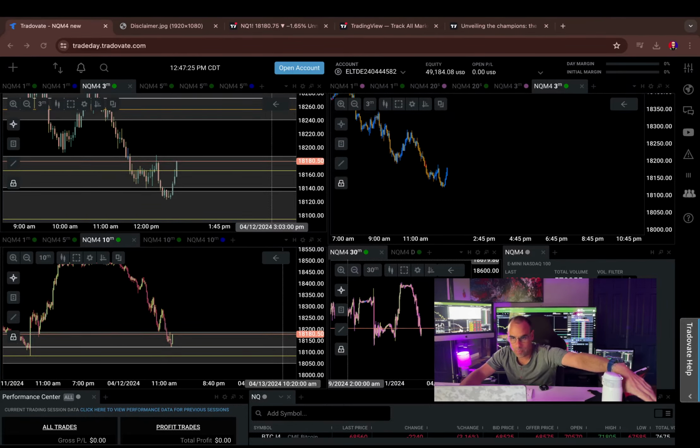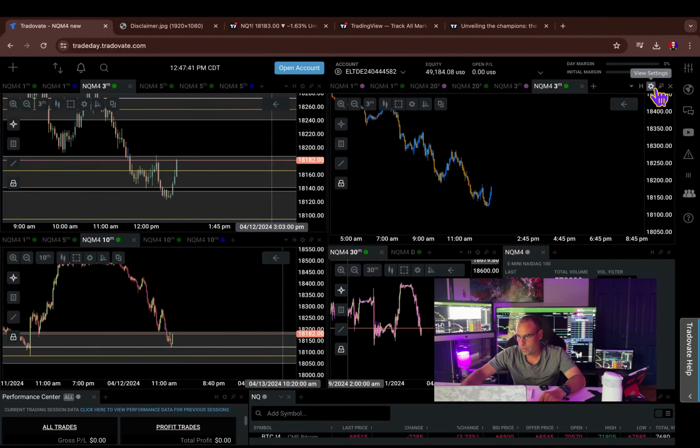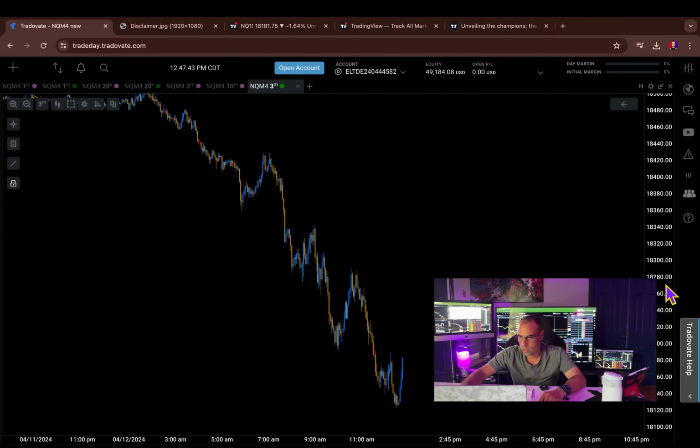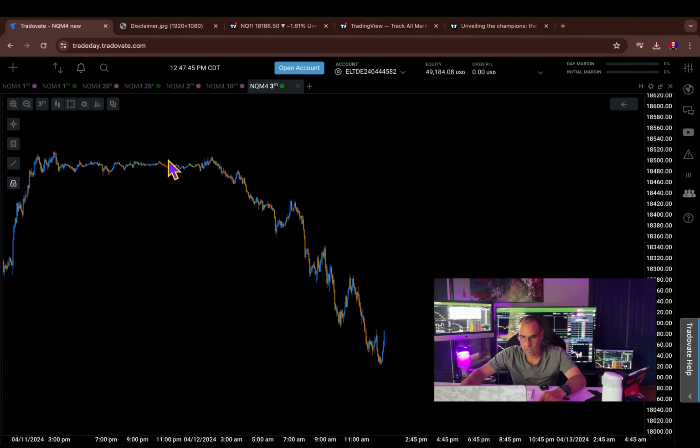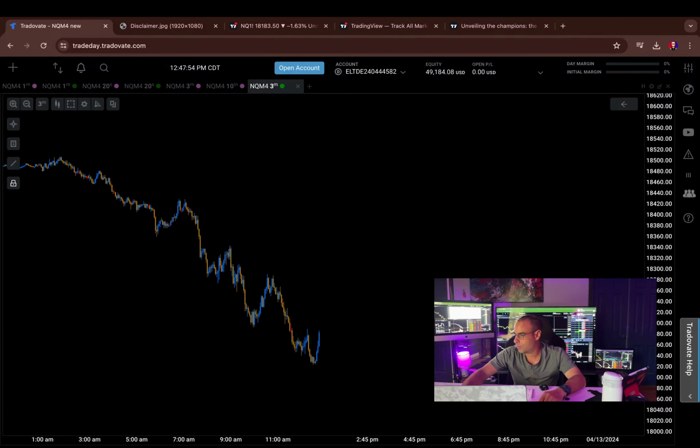Okay, so it went up, but let's see if the area holds. I think it will. I think it'll hold. If we go to the 3-minute, there we got the peak. 1, 2, 3, 4, 5. This could be the flip, guys.